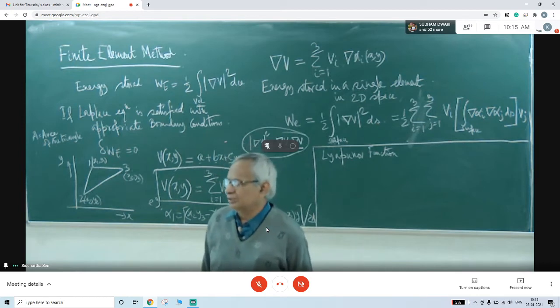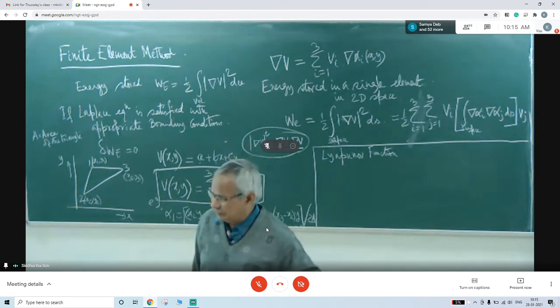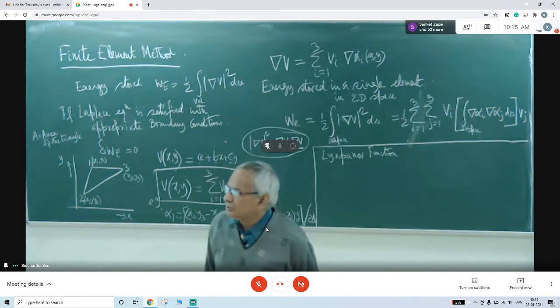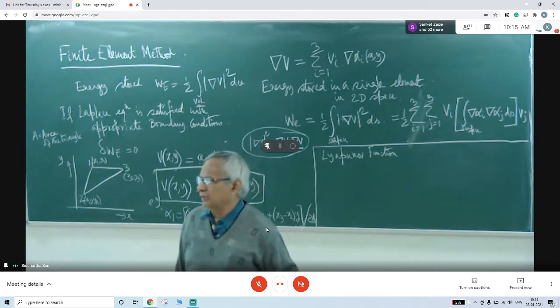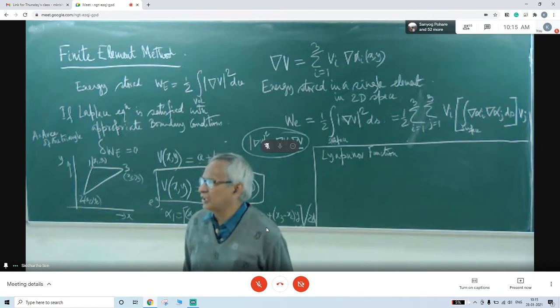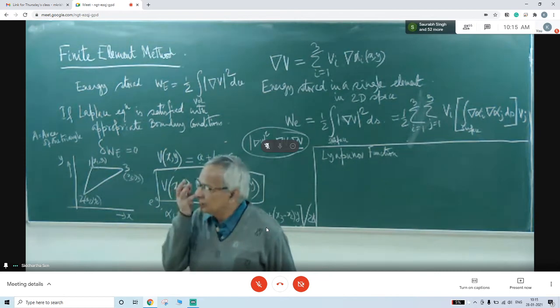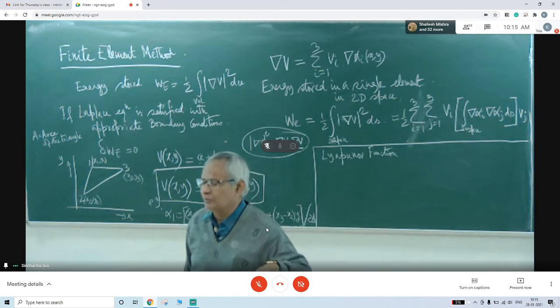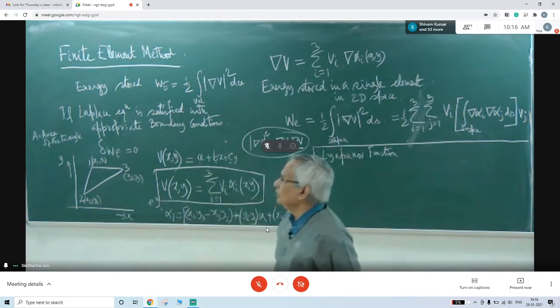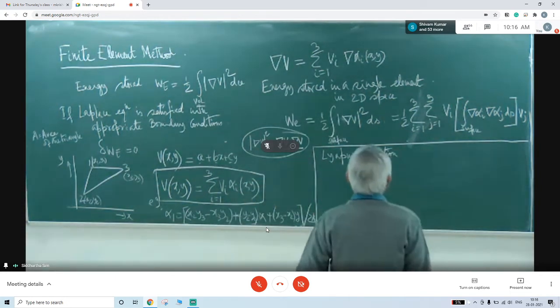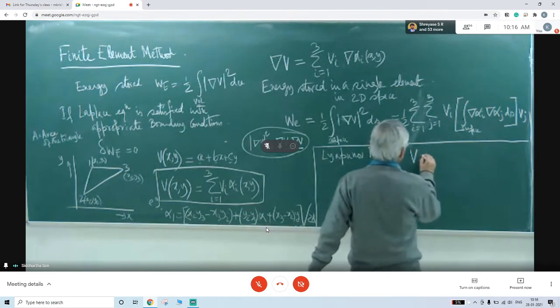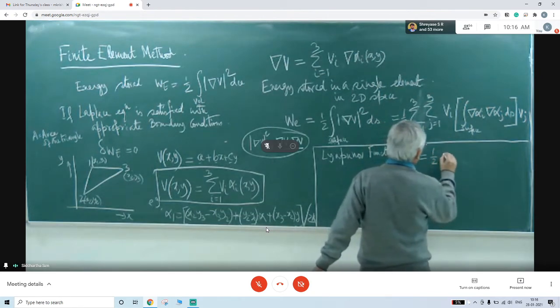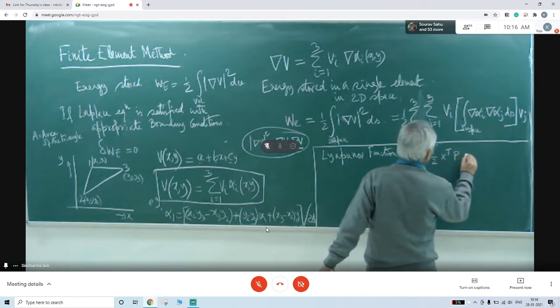For this reason, he developed a mathematical tool by defining a Lyapunov function, which can be considered an energy function. We say that the Lyapunov function's derivative should be negative so that it becomes stable. Those are not very important here, but if we recall, the Lyapunov function is given as half of x transpose P x.